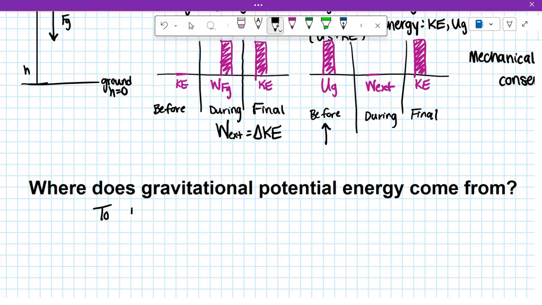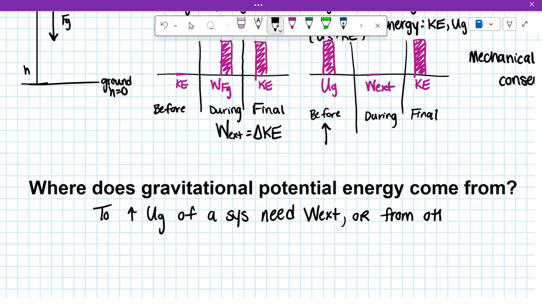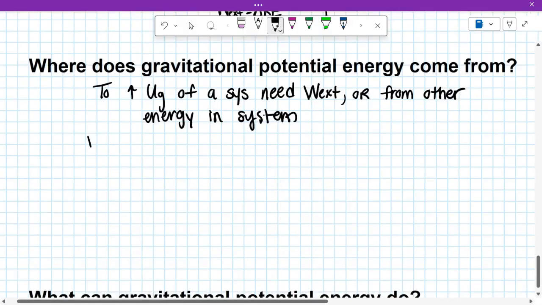So to increase the potential energy of a system, we either need work done by some external force or object that increases that potential energy, or it can come from some other energy in the system. So I'll give two examples.